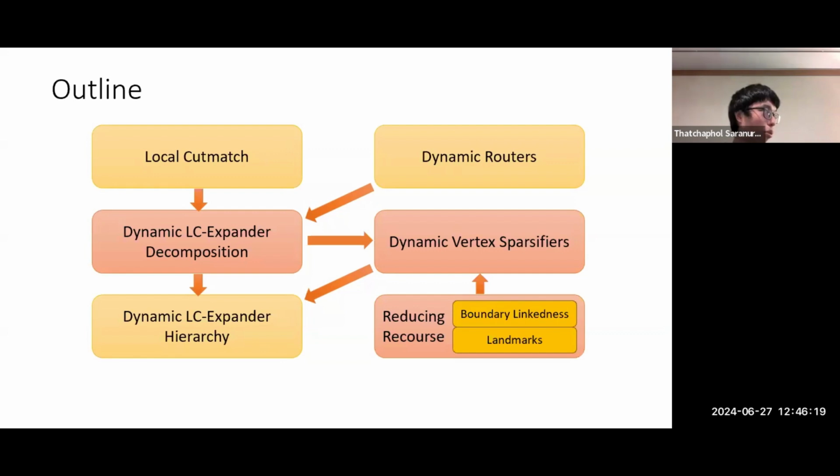Combining these two ingredients, expander decomposition and classifier, we can build a length constraint expander hierarchy as Tashpal said. But before building the hierarchy, we also need to take care of the recursion issue that arises in the dynamic vertex classifiers algorithm.